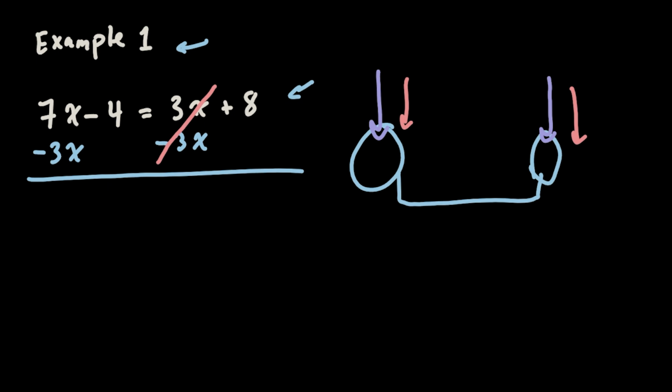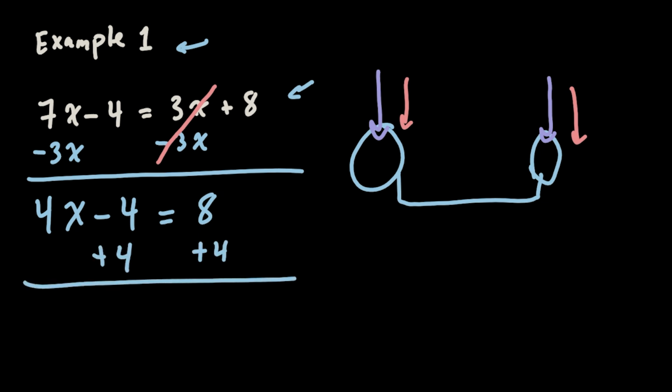And the remaining part would be 4x minus 4 equals 8. Now look here, we will just add 4 to both sides. This minus 4 and plus 4 will be cancelled. And the remaining part would be 4x equals 12.